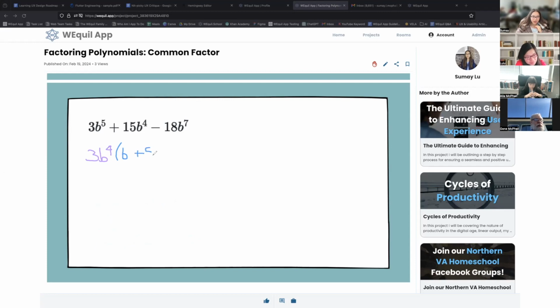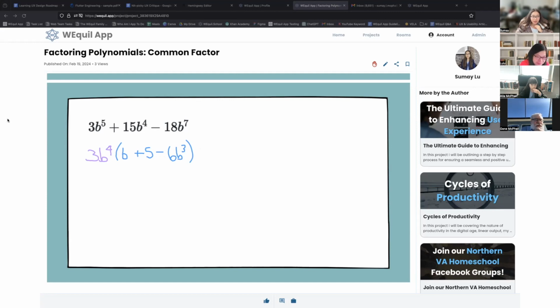Plus 5, and we don't need to add a b because we already have b to the power 4 here, minus 6b to the power of 7, because 4 plus 3 is 7. And so as you'll see, factoring polynomials just requires a strong understanding of, well, one, you'll need to know the properties of radicals and rational exponents.